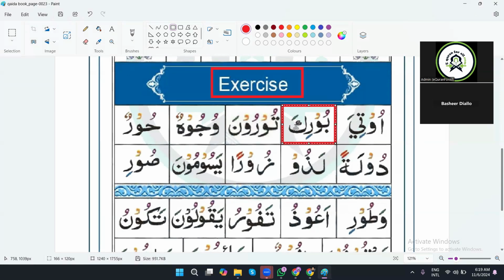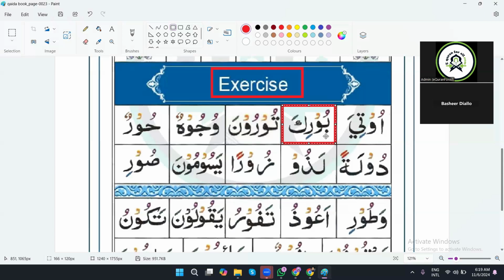The last letter is kaf, right? Ya. Read again. Bu, ri, ka. Very good. Now read a little bit faster like burika. Ra has kasra only. So read it within 1 second like burika.